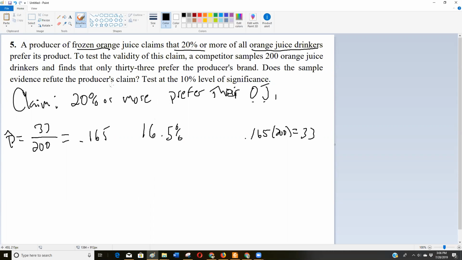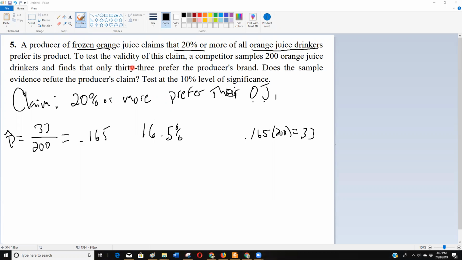The probability would stay the same if they're claiming that 20% or more like the OJ, so any one person has a 20% chance they'll like the OJ, and that stays the same from person to person. It's a yes/no answer, so that works.